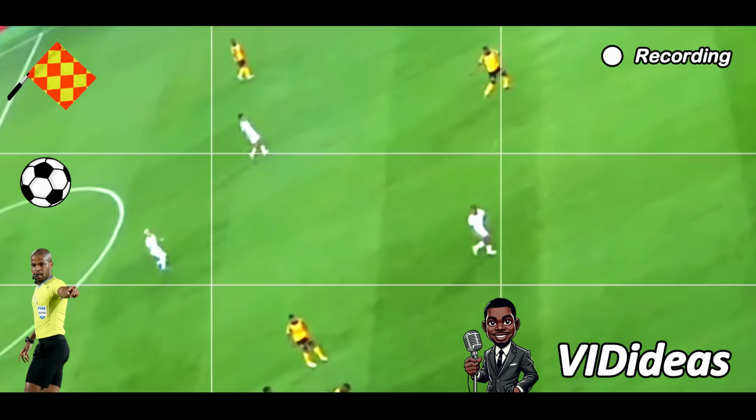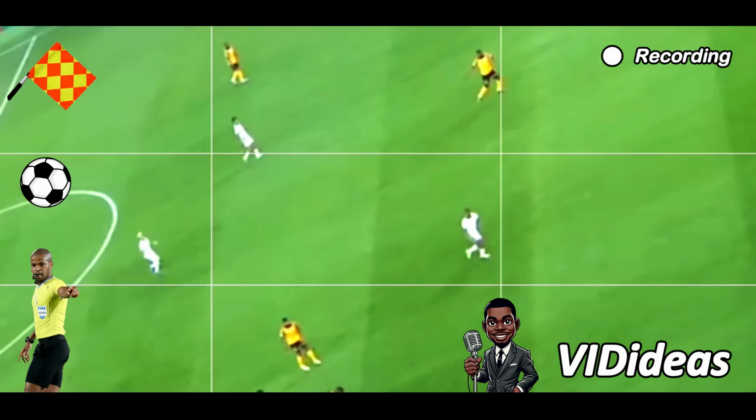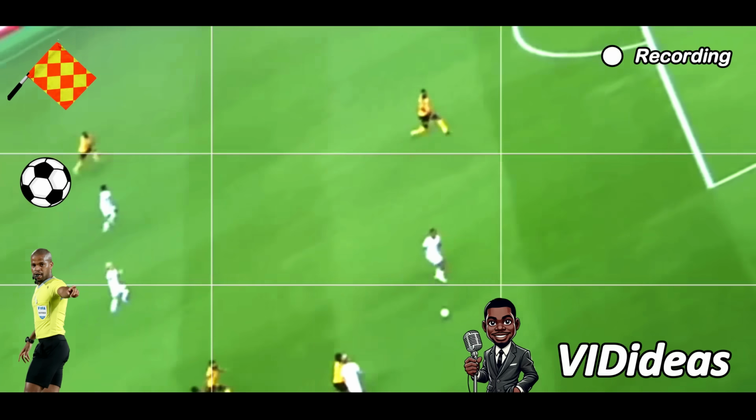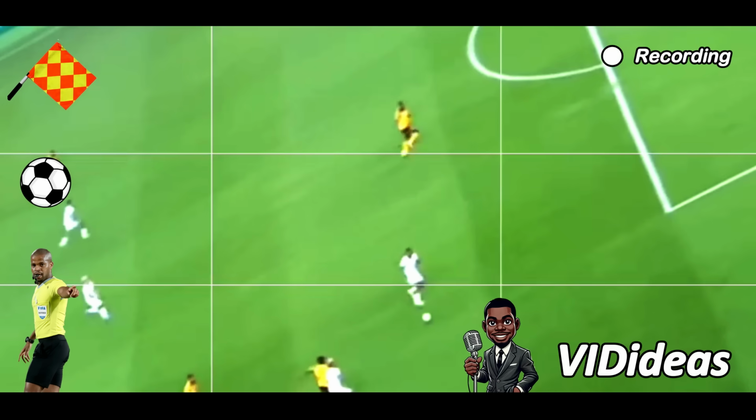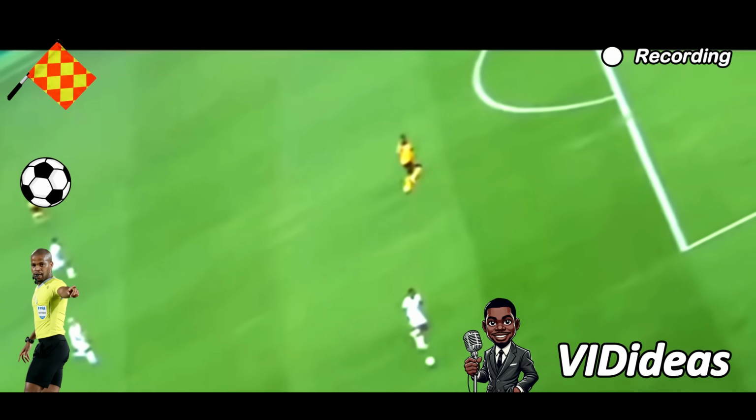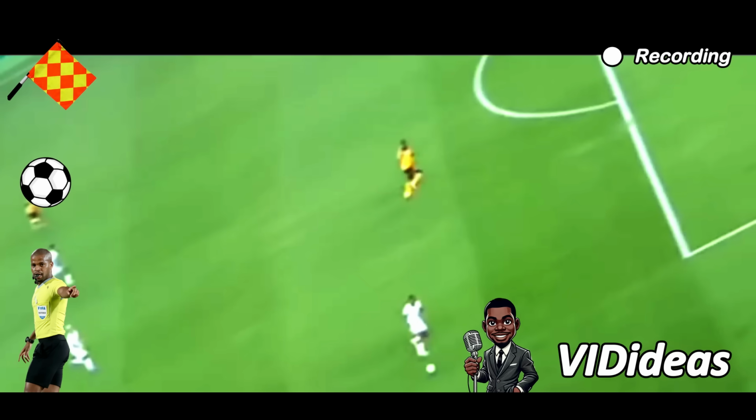But the fact that this was judged offside is actually concerning, because these types of decisions keep happening over and over again. It's becoming a pandemic.